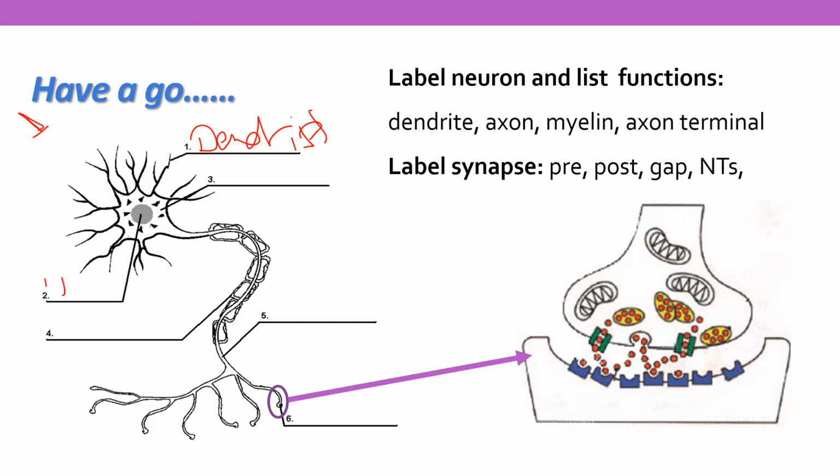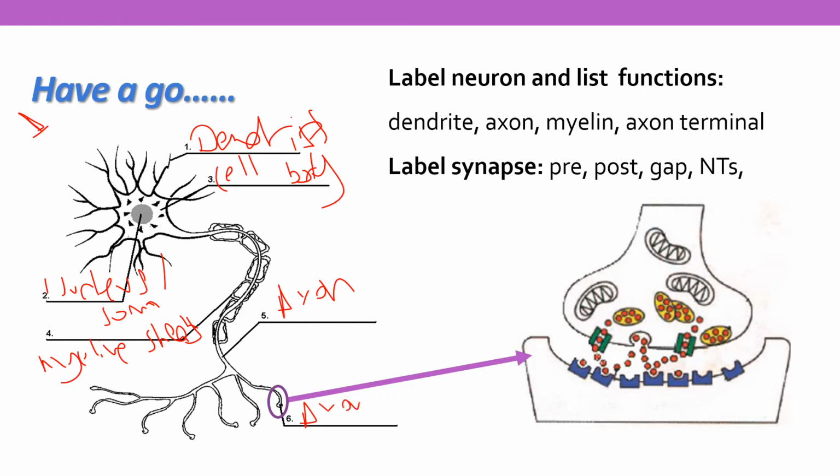Number two, we have the nucleus, or the soma. Number three is our cell body. Number four, we have our myelin sheath. Number five is our axon, and number six is our axon terminals, okay?